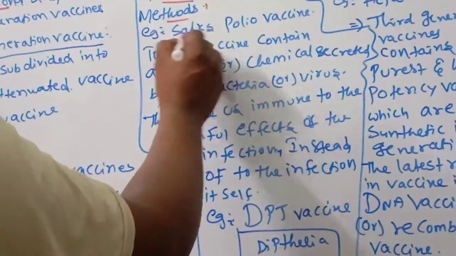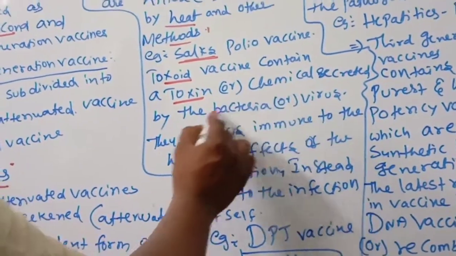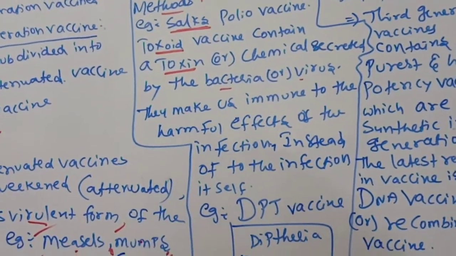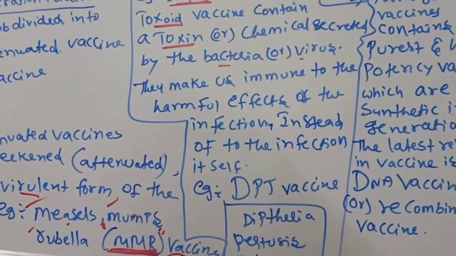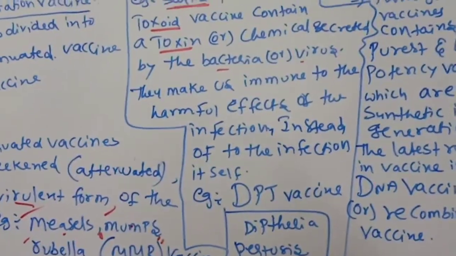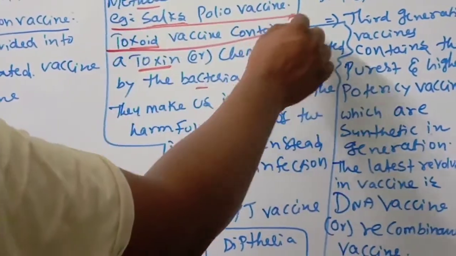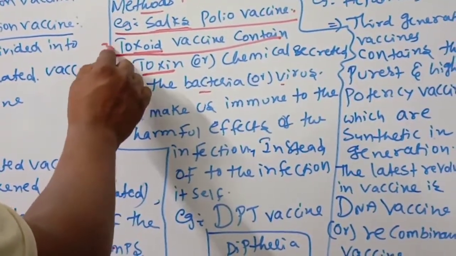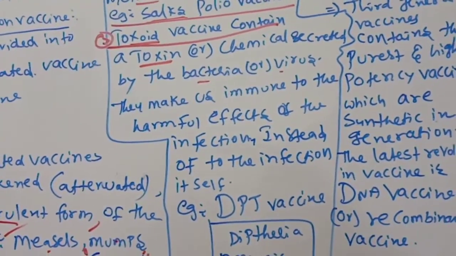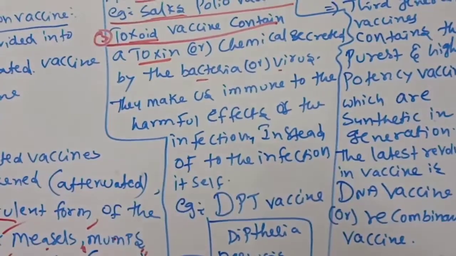Example: Salk polio vaccine. Toxoid vaccine contains a toxin, a chemical secreted by the bacteria or virus, that one inactivated.